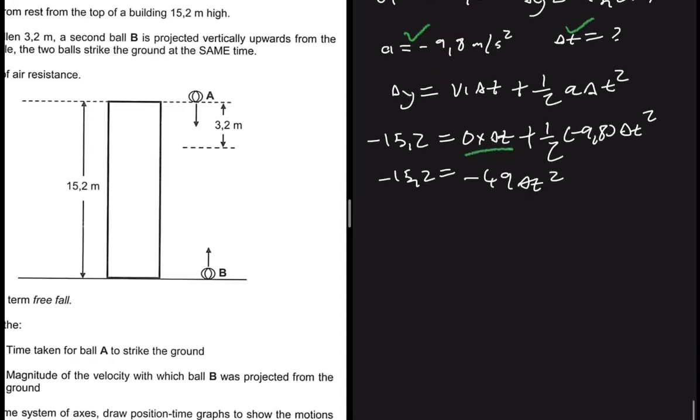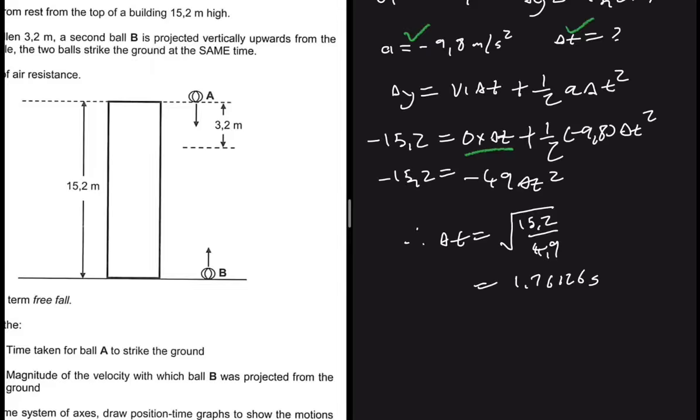So it's easy to see now that delta t will be equal to the square root of 15.2 divided by 4.9. Right, so now it's just a matter of putting that in your calculator, and what am I getting? I'm getting 1.76126 seconds. So that is the time it takes ball A to strike the ground, right?